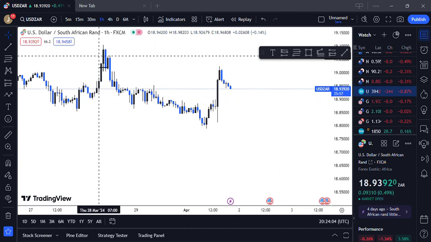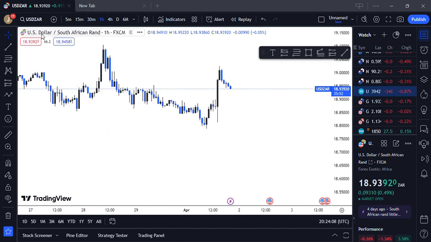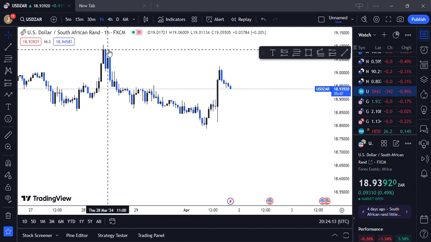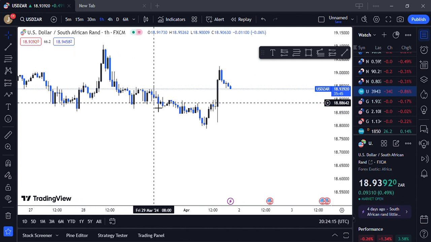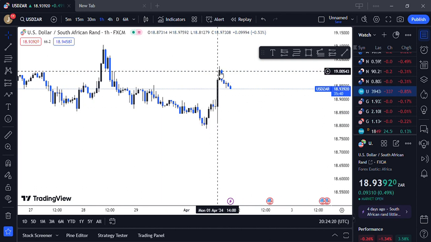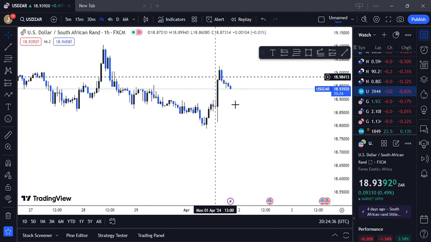We're basically saying the US dollar was so strong it went up, but then it became weak and went down for a while, and then it became strong and went up. You understand? That is very clear. Bullish up, bearish down.